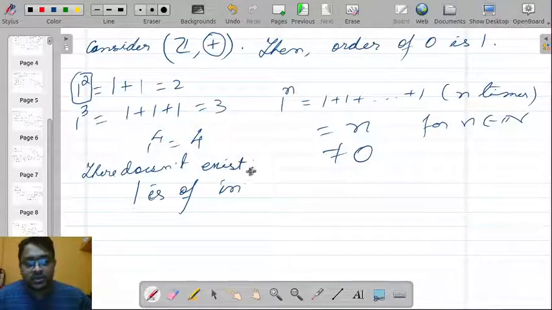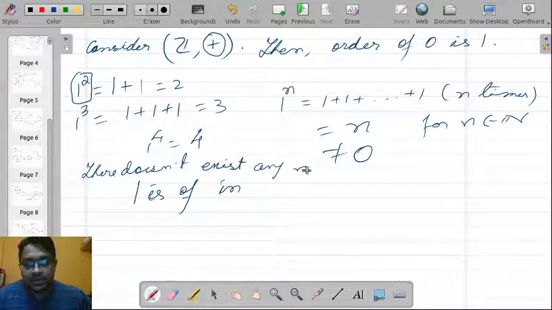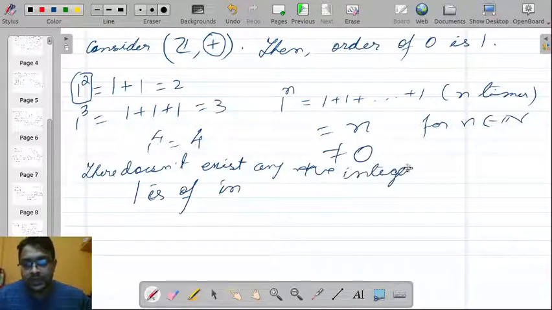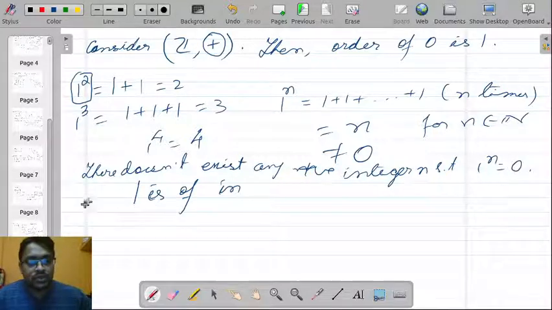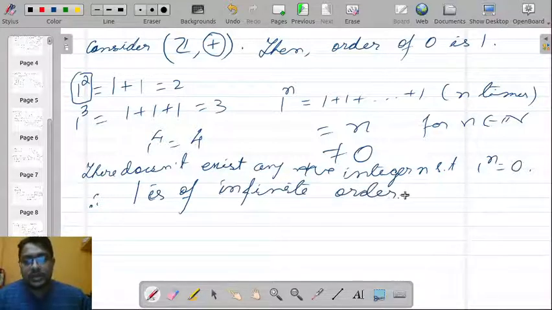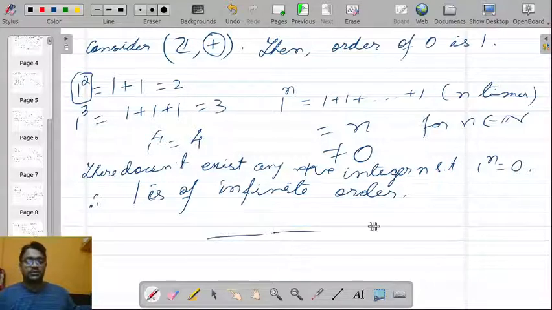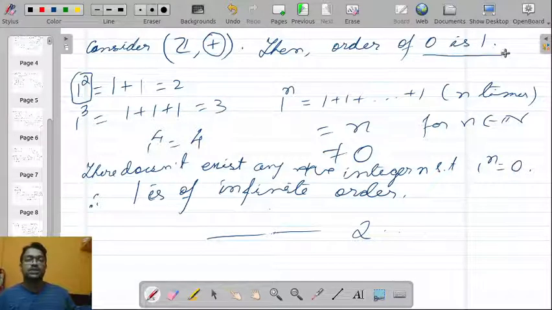So there does not exist any natural number or positive integer n such that 1 to the power n equals 0. Therefore 1 is of infinite order. We cannot find an n such that 1 to the power n is equal to the identity. Similarly 2 is also of infinite order. Any other element here in Z is of infinite order. The only element of finite order is 0 itself, the identity element itself.